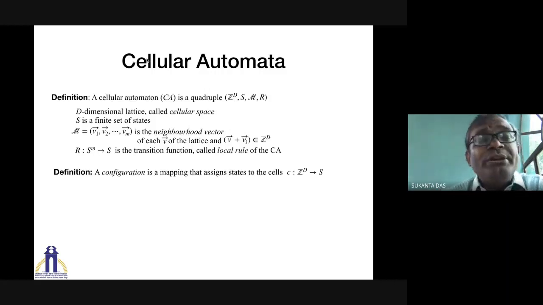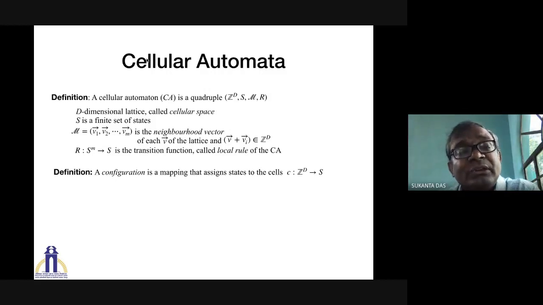And then we introduced one term called configuration. So a configuration is nothing but an assignment of states to the cells, right? We have S, the set of finite states. Any cell can have any of these states, all the possible states.